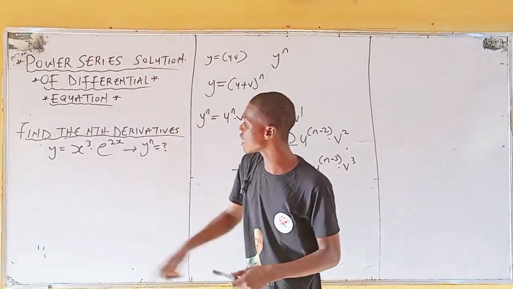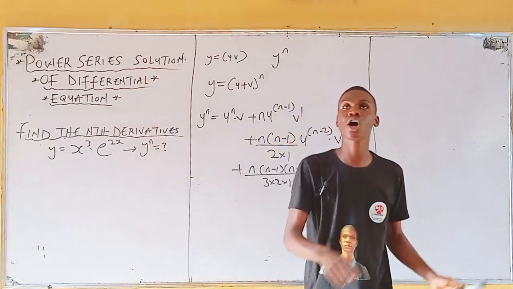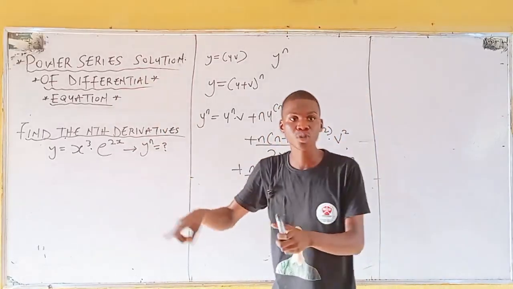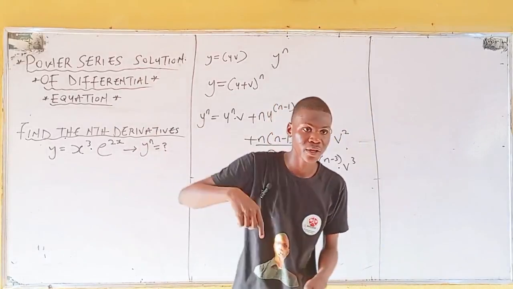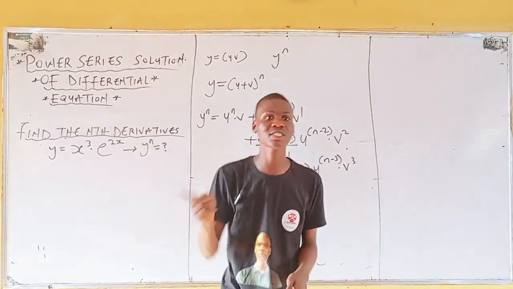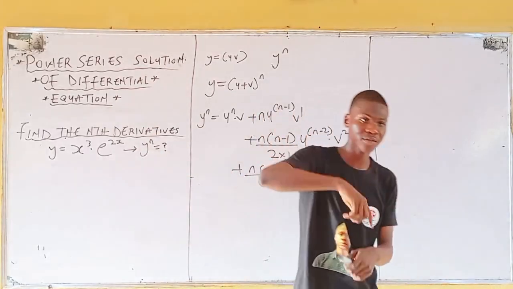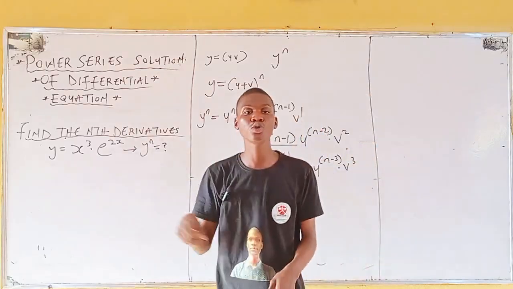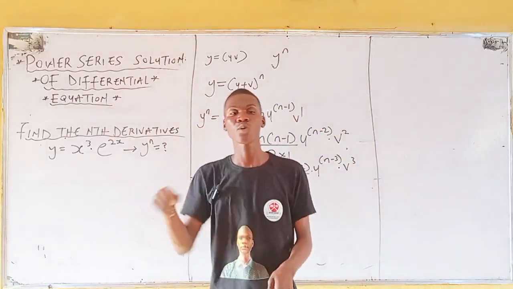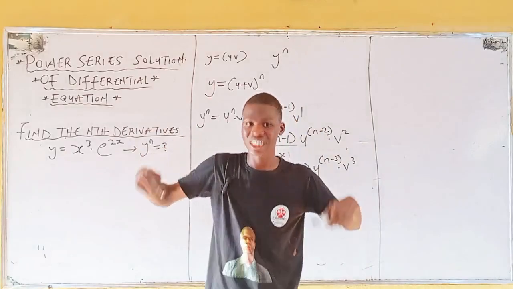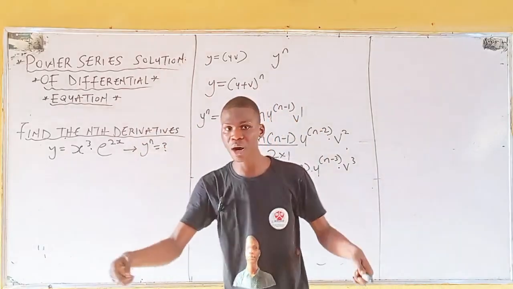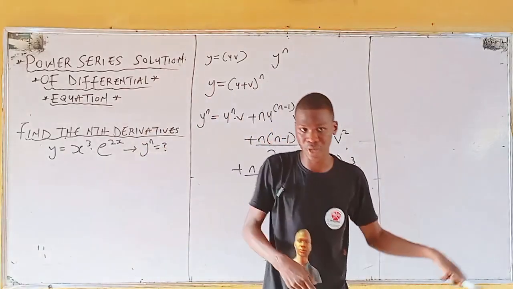So your v, you always differentiate with respect to the derivative: first derivative, second, third, fourth, fifth. But for your u, you find the derivative where the power of the derivative is expressed in terms of n.